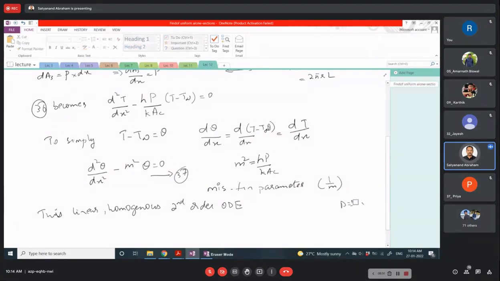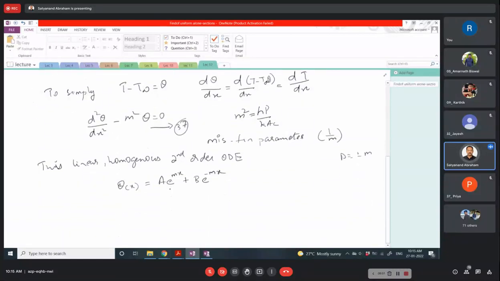If you have real solutions, what is the solution for that? If you remember, there are various conditions, right? If it is real solutions, then the solution is theta of x is equal to A into e raised to mx plus B into e raised to minus mx. So that is the solution.